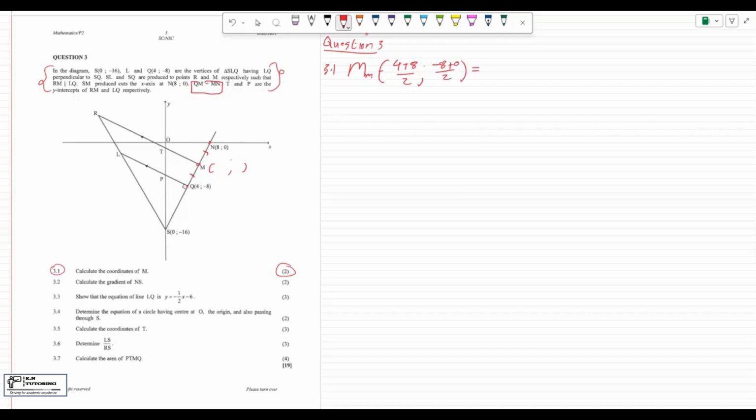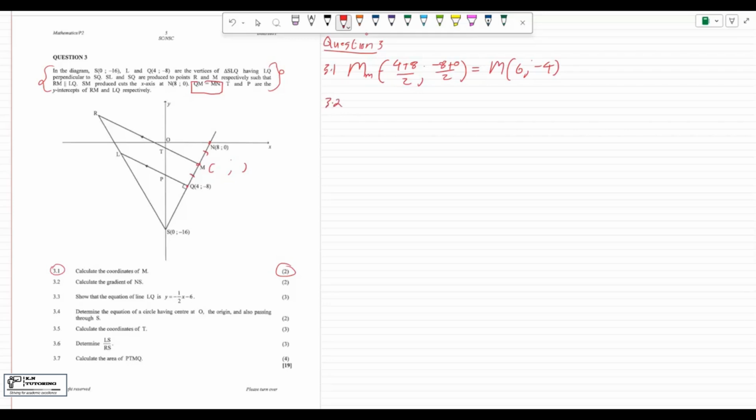When you simplify this, 4 plus 8 is going to give you 12, and 12 divided by 2 is 6. So the x-coordinate of M is 6, and negative 8 over 2 is going to give us negative 4. Those are the coordinates of M. Easy, 2 marks in the bank. M is the midpoint, so you just use the midpoint formula.